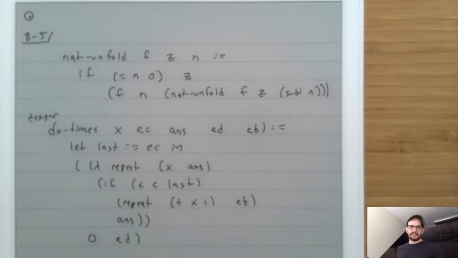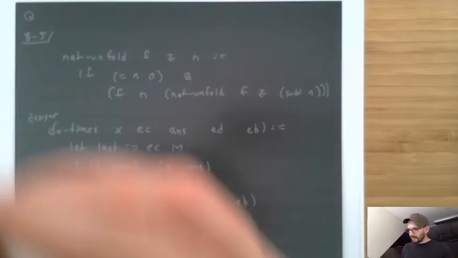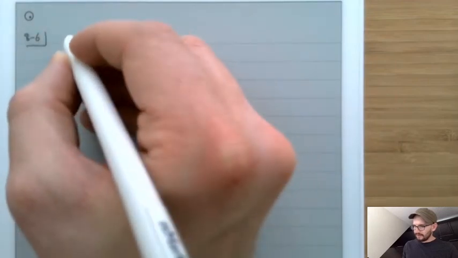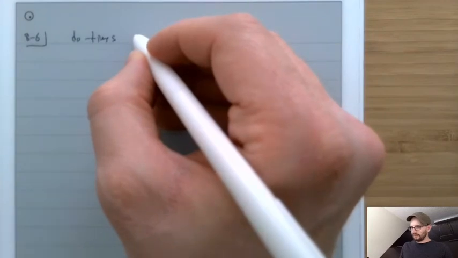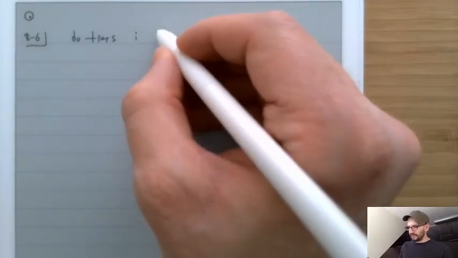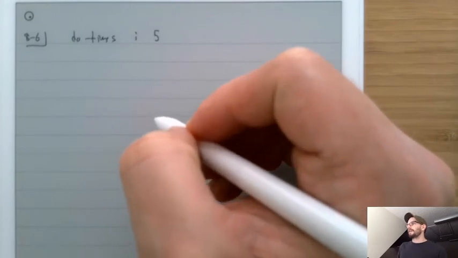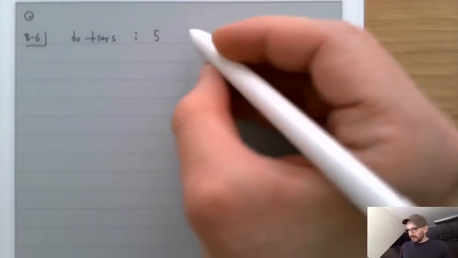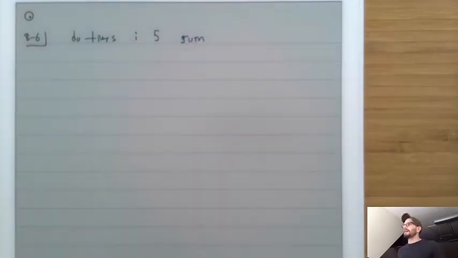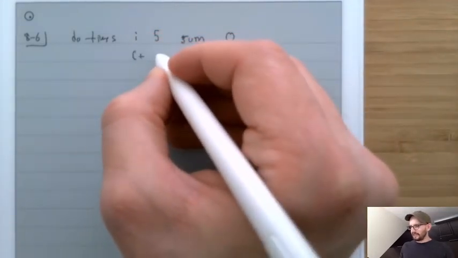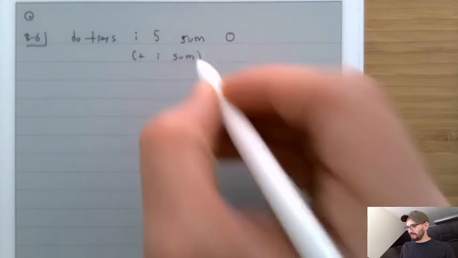So for instance, here's how we could use this. We would write do times, and we'll have it be I, and it's going to go until it gets to 5, let's say. And then we'll call the answer sum, maybe. And then we'll have the initial answer be 0. And then we'll have the code be something like I plus sum. Okay?